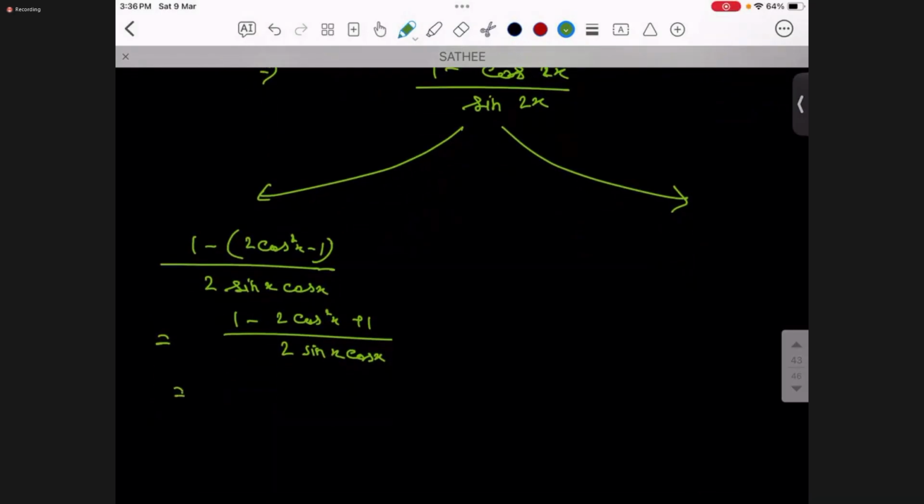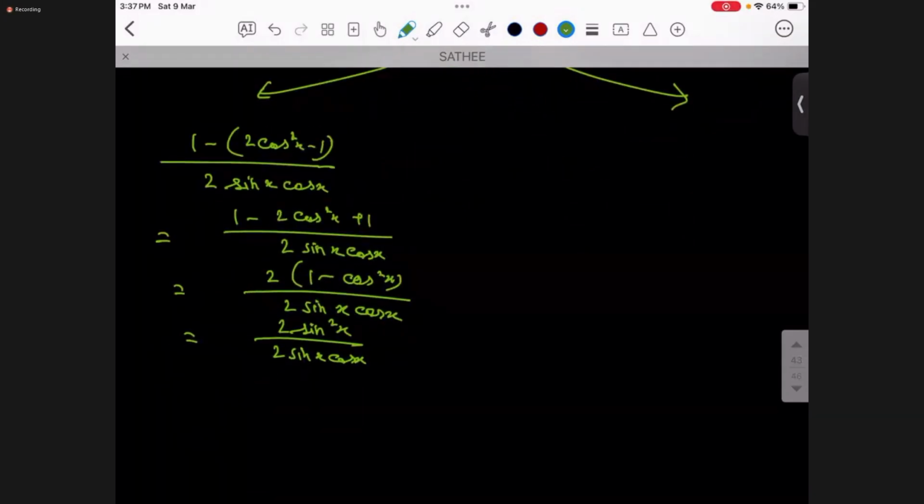So we will obtain 2 times 1 minus cos square x divided by 2 sin x cos x. So we will get 2 sin square x divided by 2 sin x cos x. So we ultimately obtain sin x by cos x, which will give us tan x.